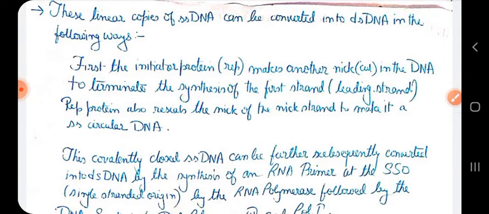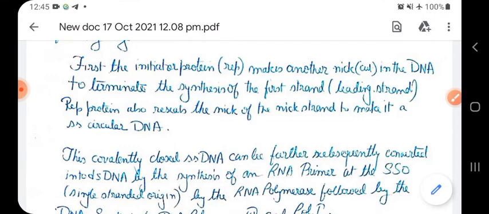So in this way, the initiator protein first makes the previous nick before initiation, and now it again makes another nick in the DNA to terminate the synthesis of the first strand. Rep protein also receives the nick of the nicked strand to make it a single stranded circular DNA.